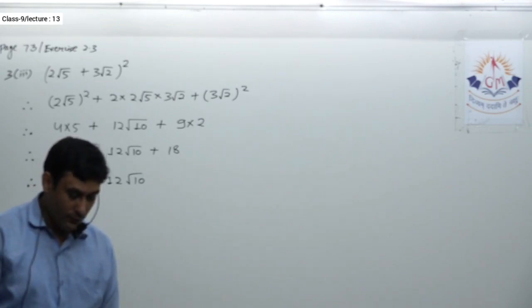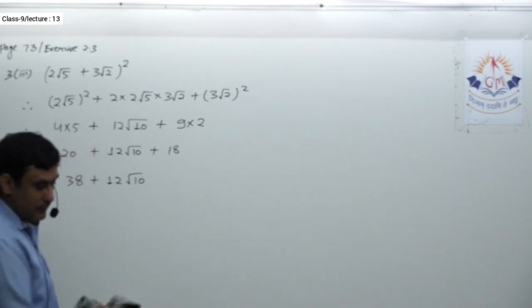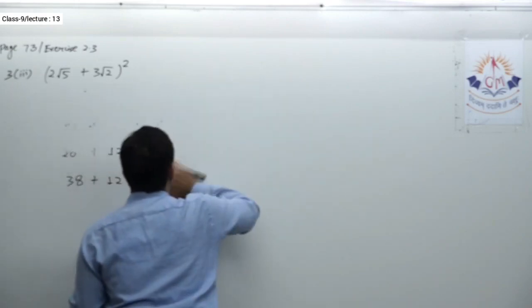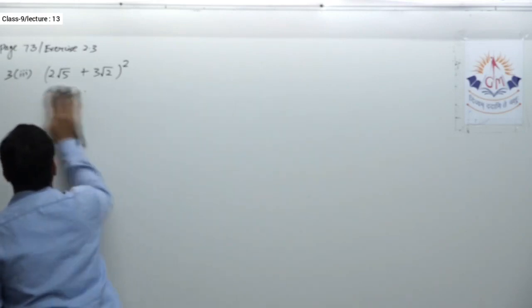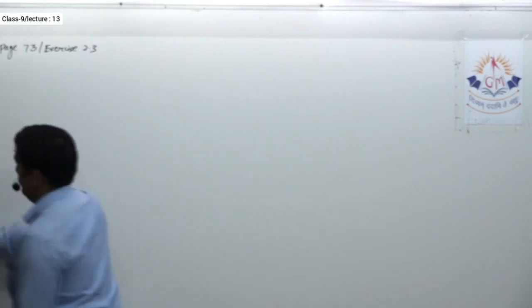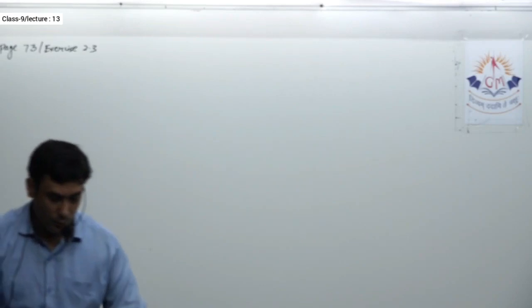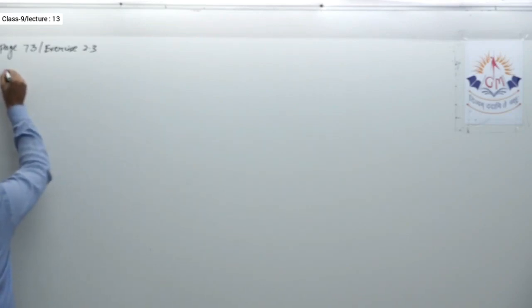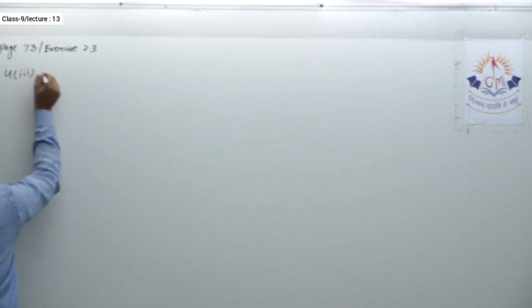Question number fourth, it's third one. Root 12, root 48, root 75. Again, we have to simplify.